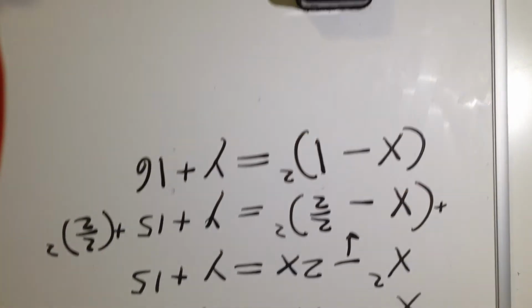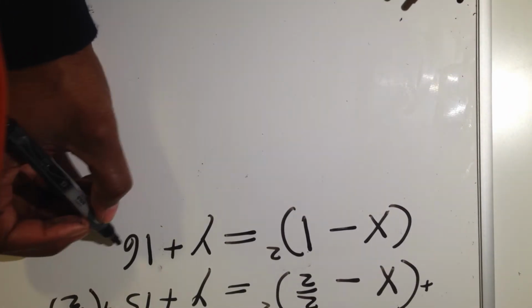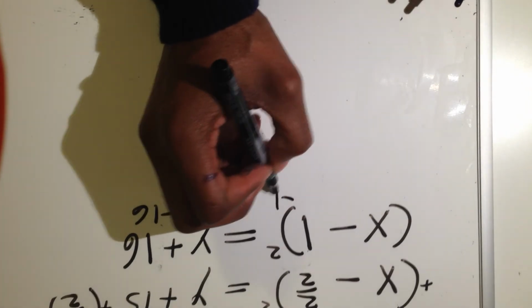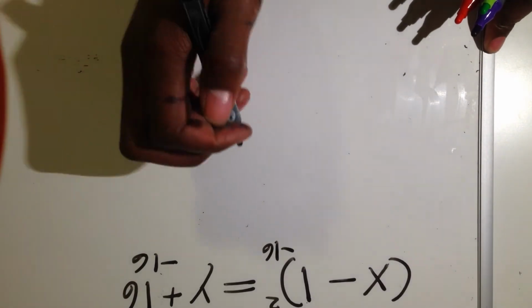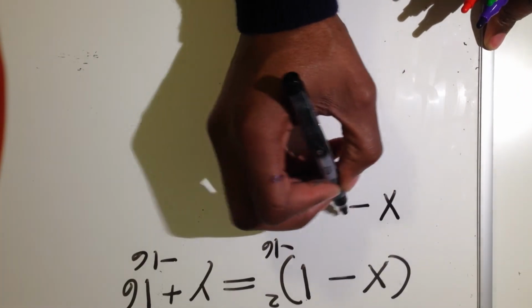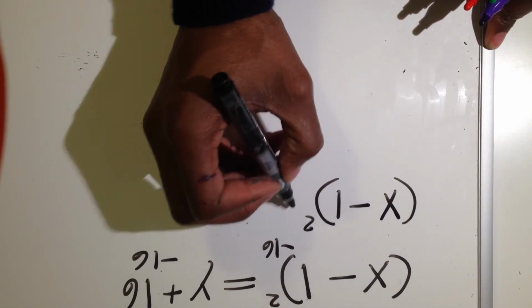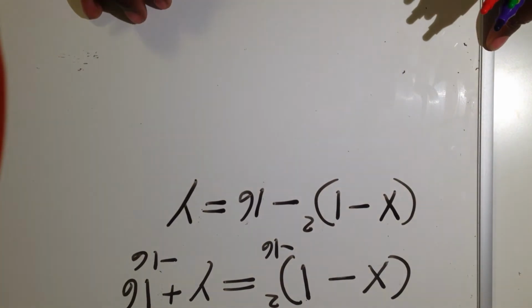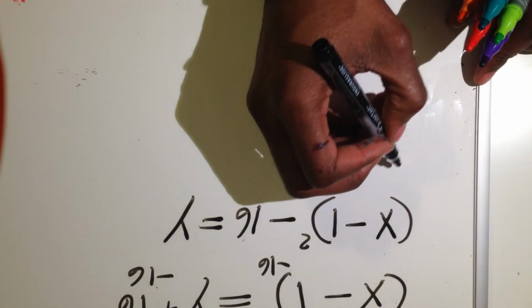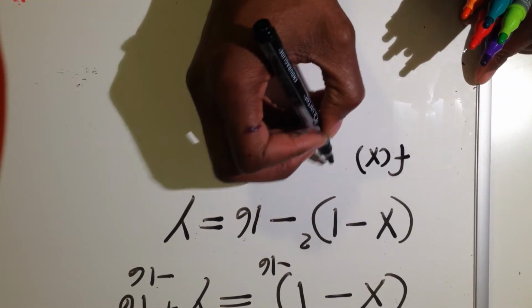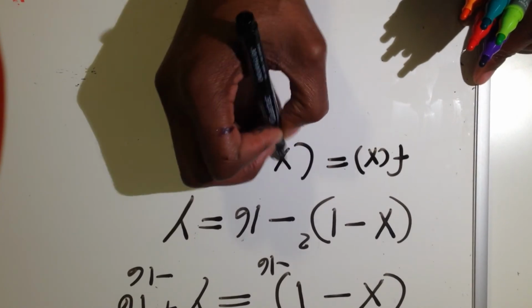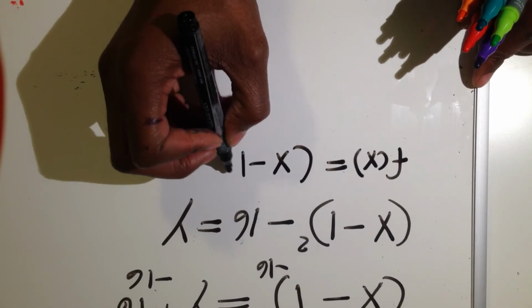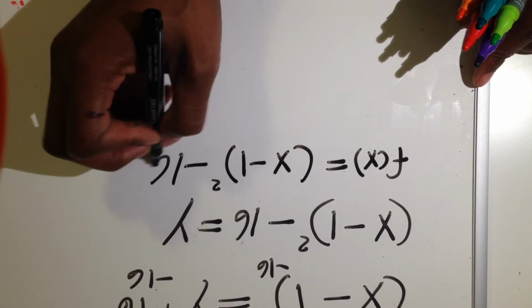Now let's move this over to the other side. This should be your answer: f(x), or y, equals x minus 1 squared minus 16.